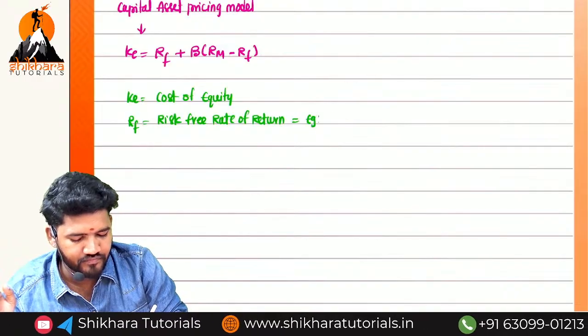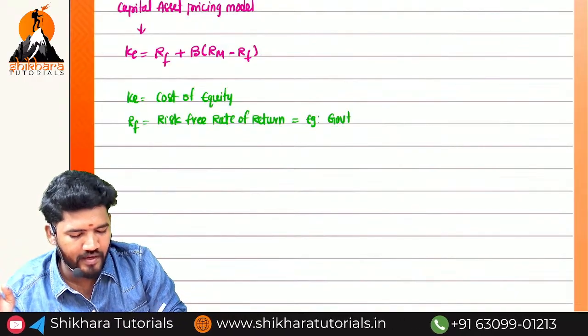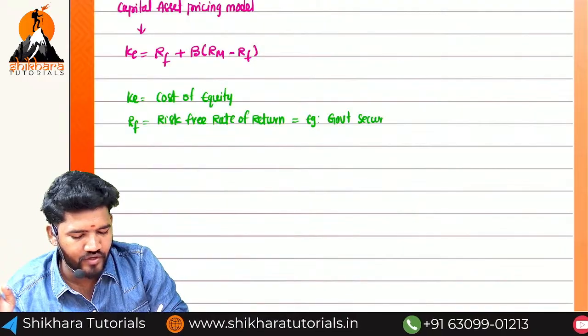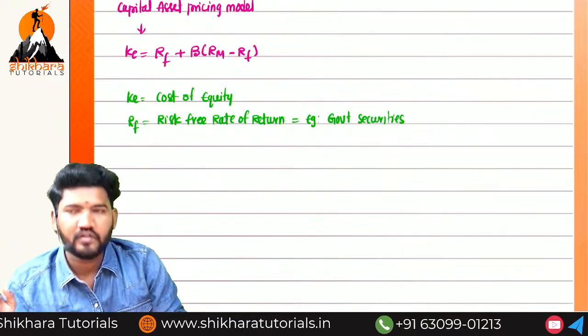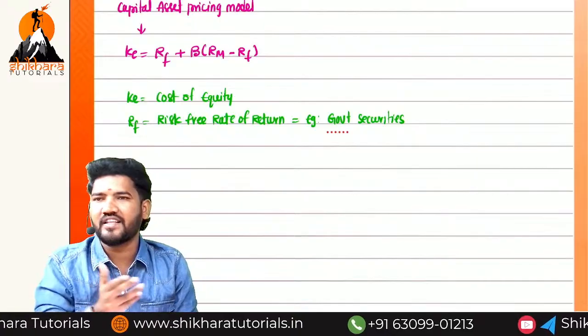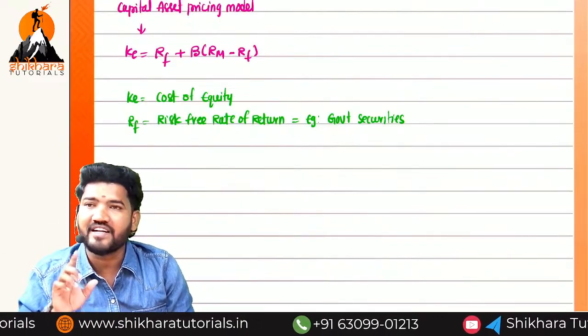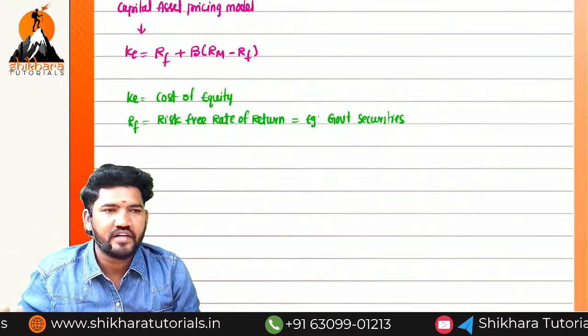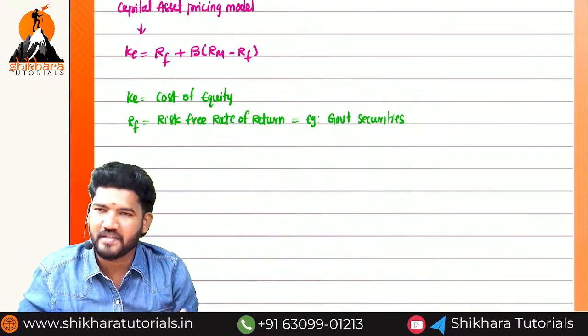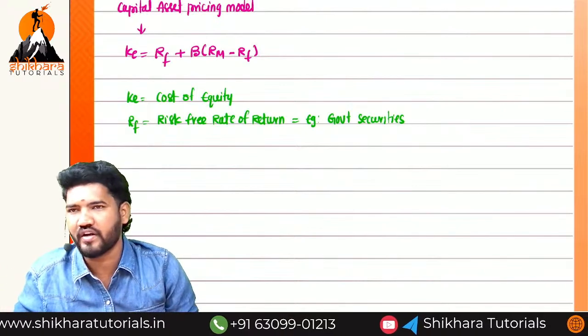Example, government securities. Return on government securities is nothing but RF. Sometimes in the exam they will give the name treasury bills. The word treasury represents bank related, government related only.